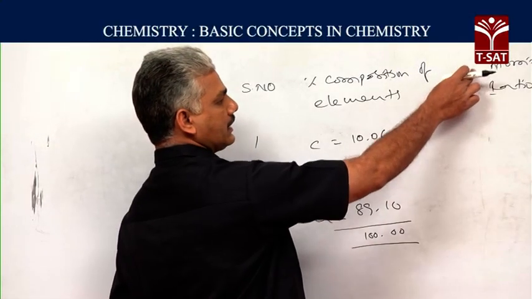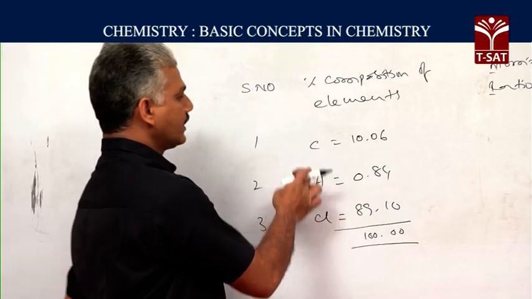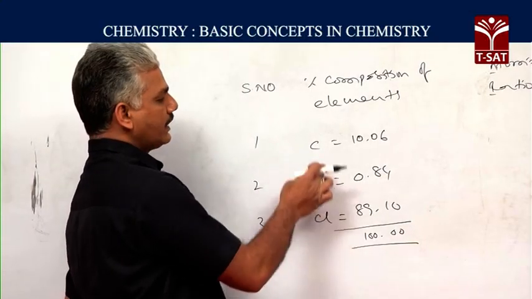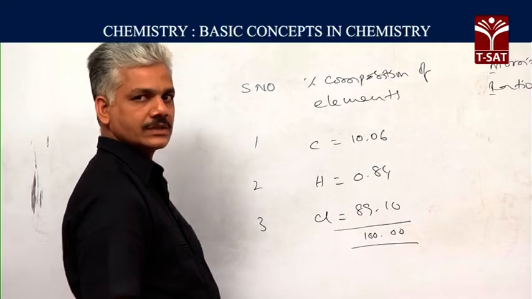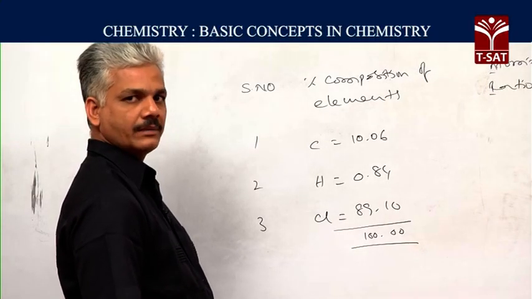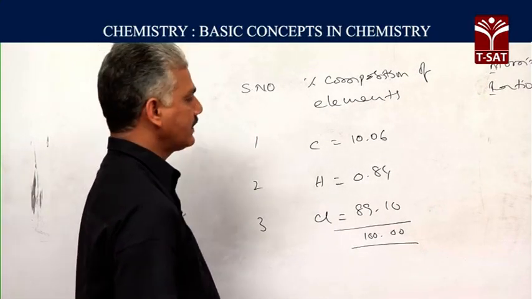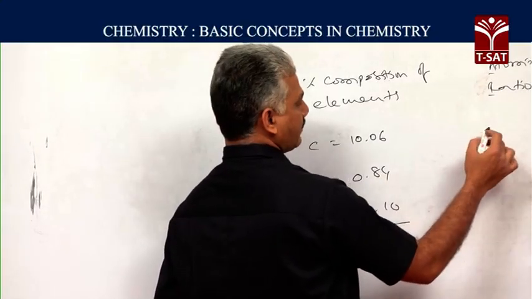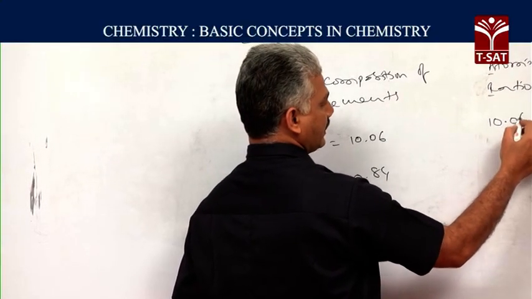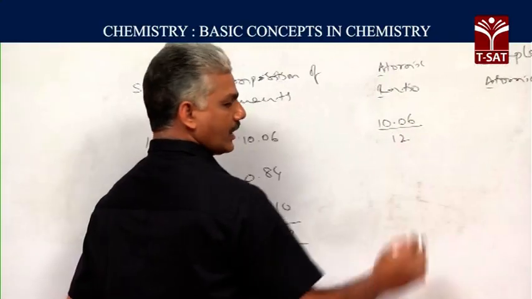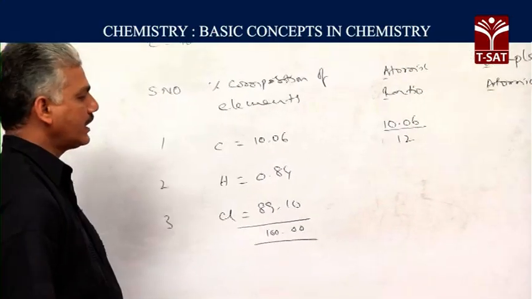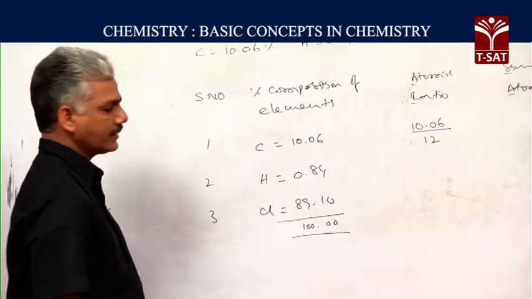In order to calculate the atomic ratio of individual elements, we have to divide the percentage composition by the concerned element's atomic weight. Say for example, carbon's atomic ratio will be 10.06 by 12, where 12 is the gram atomic weight of carbon.